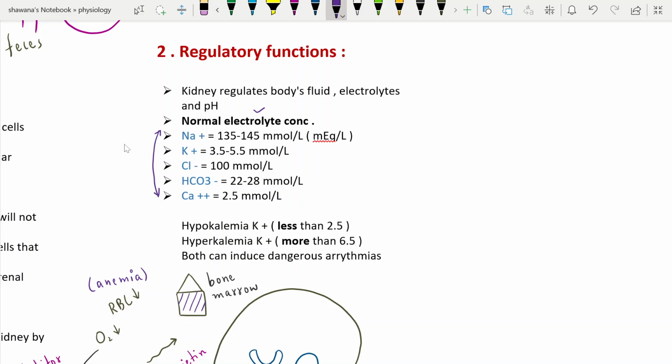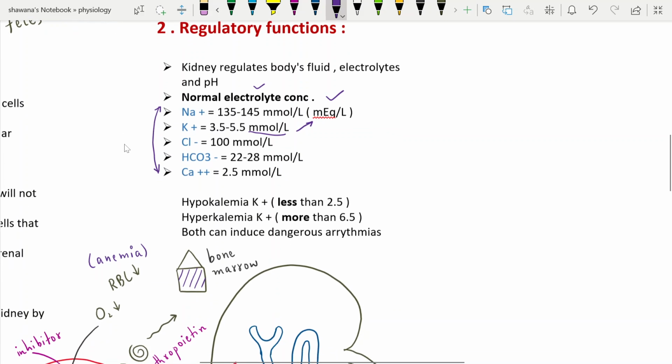Potassium 3.5 to 5.5. Chloride 100 millimole per liter. Bicarbonate 22 to 28 millimole per liter, and your favorite, the calcium, 2.5 millimole per liter. And millimole per liter can also be equivalent to milliequivalent per liter, which is also a unit used in some countries.